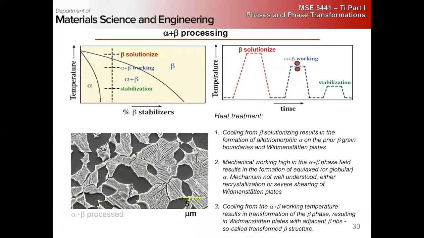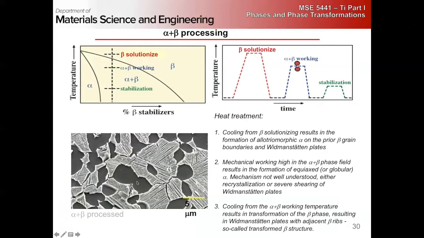Again, cooling from beta is going to give you your allotriomorphic grain boundary alpha, Widmanstätten plates. We take it up a little bit higher typically into the alpha plus beta phase field than for beta processed, and then mechanically work it, and that develops these equiaxed globular alpha grains.